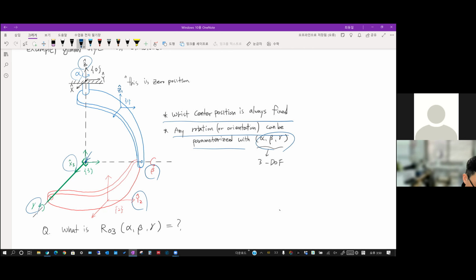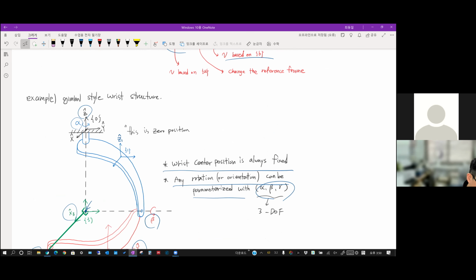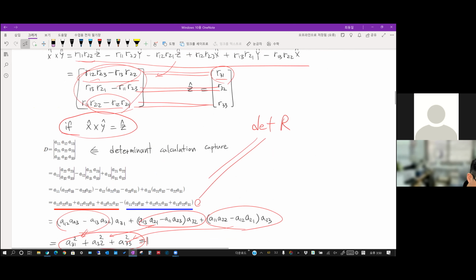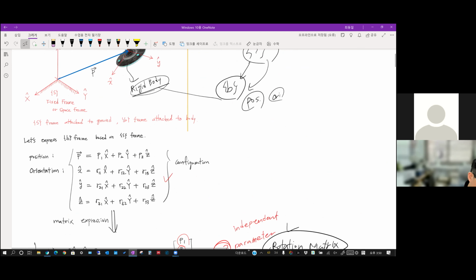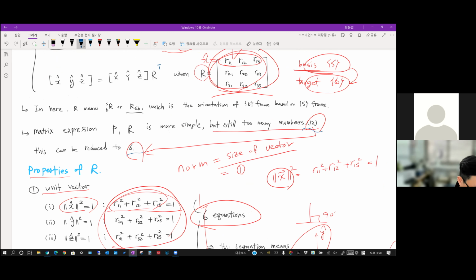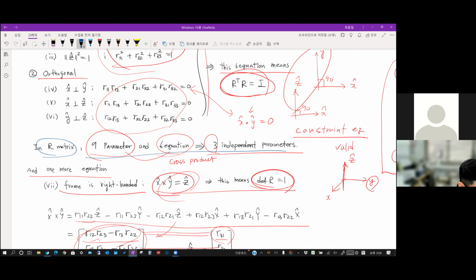The reason I present this example is this: in the R matrix there are 9 parameters, but there are only 3 independent parameters.